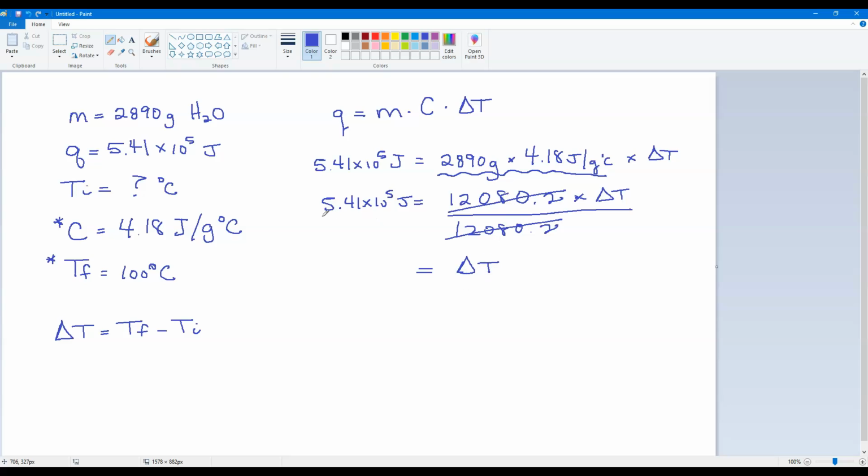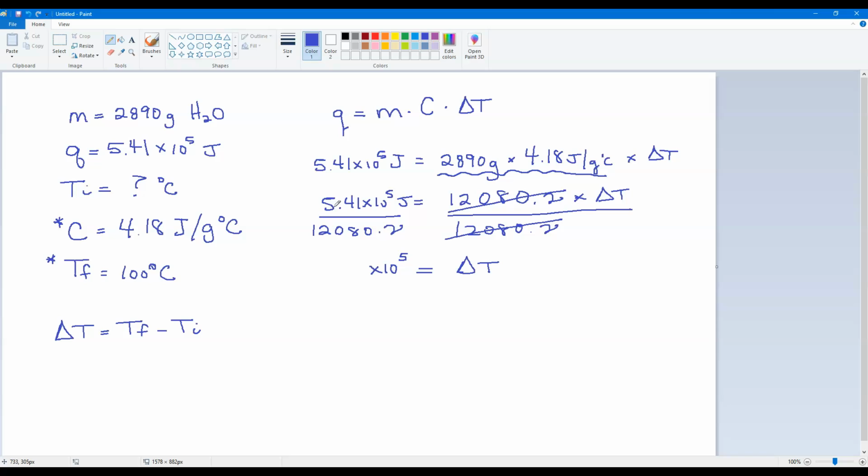But whatever I do to this side, I also have to do to this side. So I have to divide 5.41 times 10 to the 5 by 12,080.2. Now you might be wondering how to put this in your calculator. You don't worry about the times 10 to the 5th; you just bring that down.